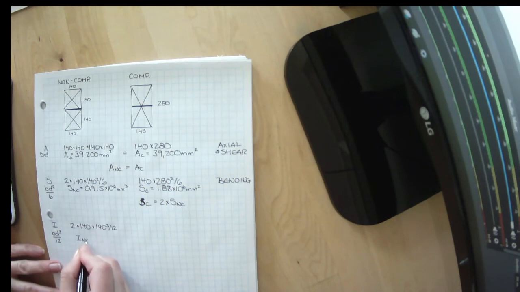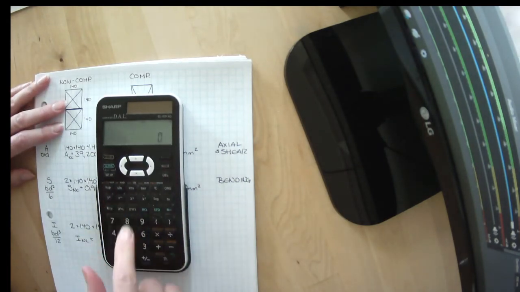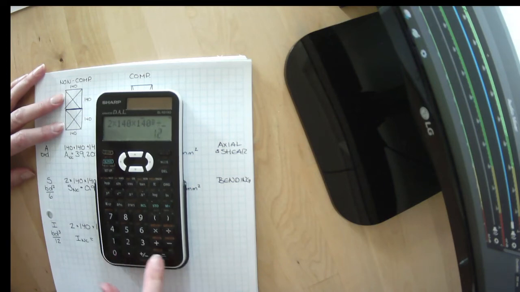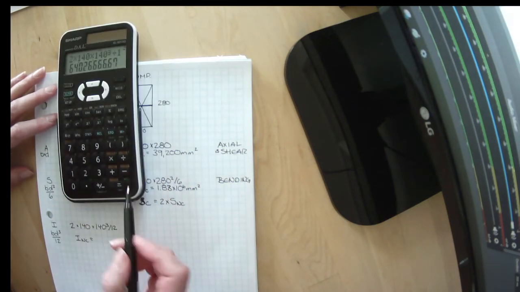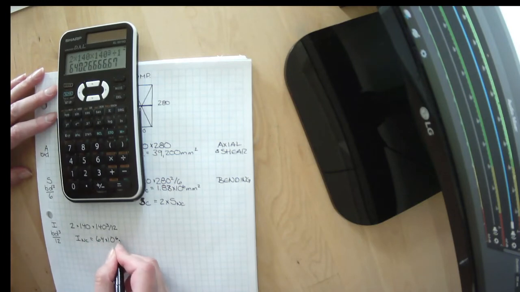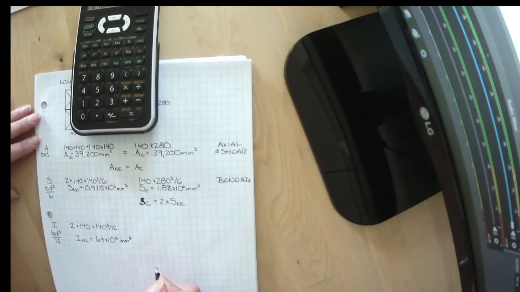The I for non-composite is 2 times 140 times 140 cubed divided by 12, or 64 times 10 to the 6 millimeters to the 4th.